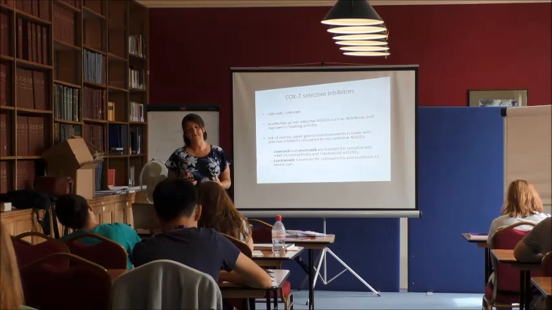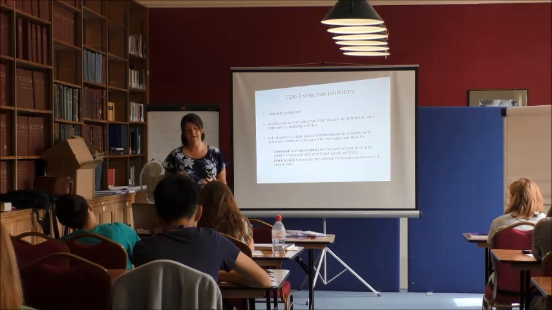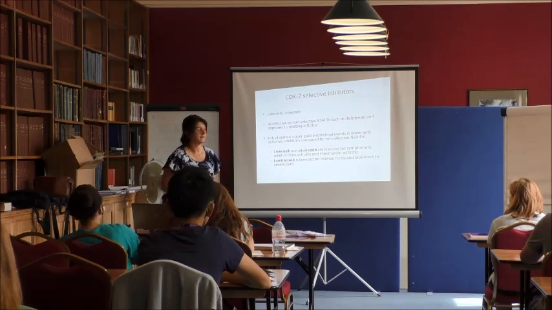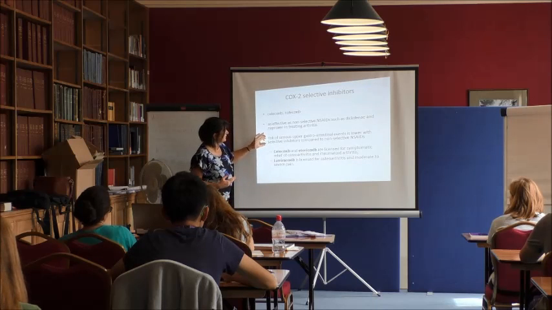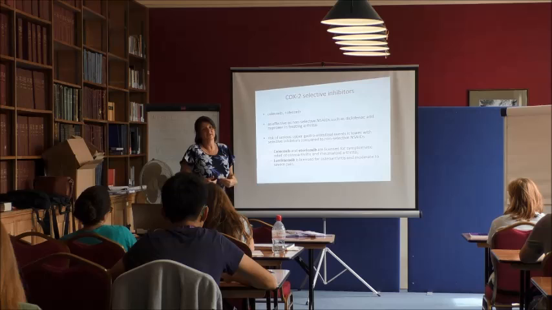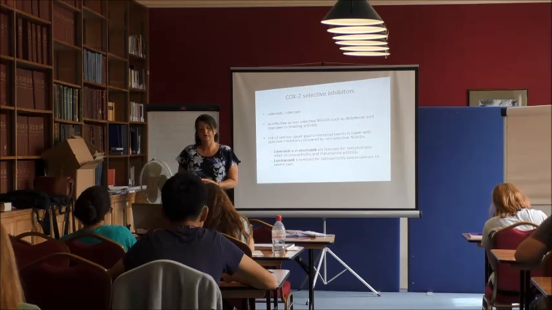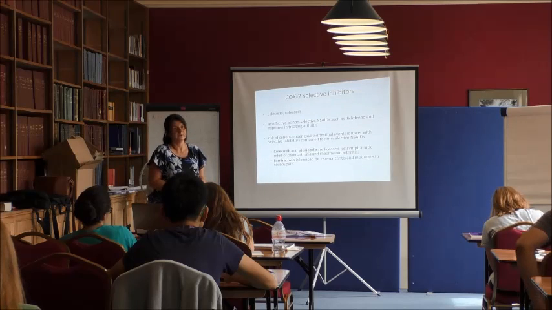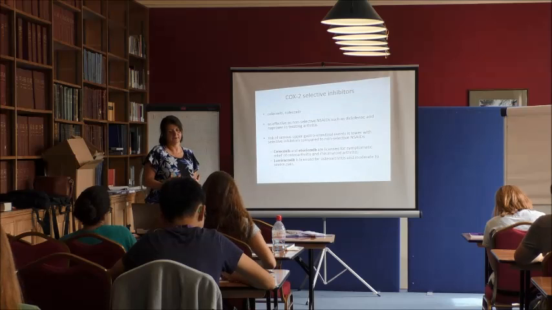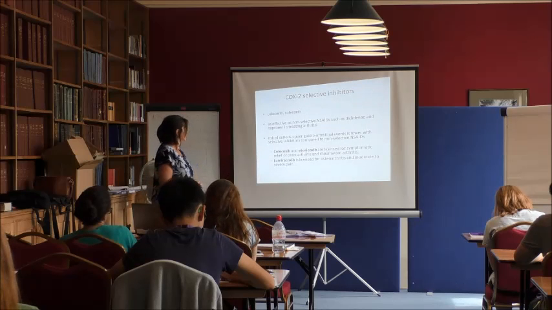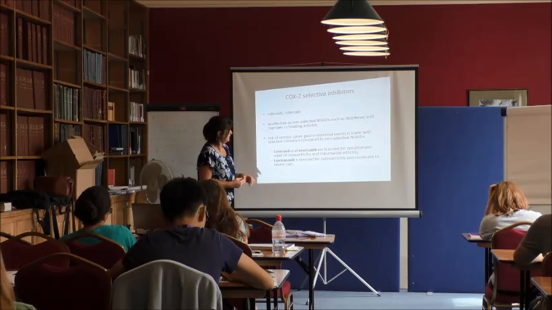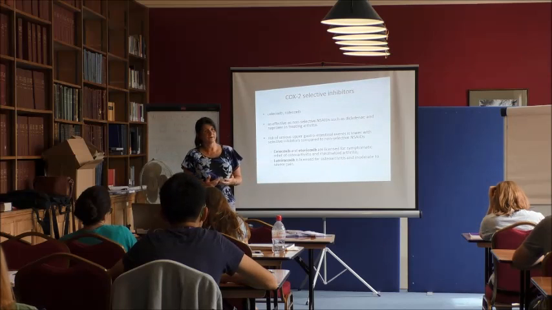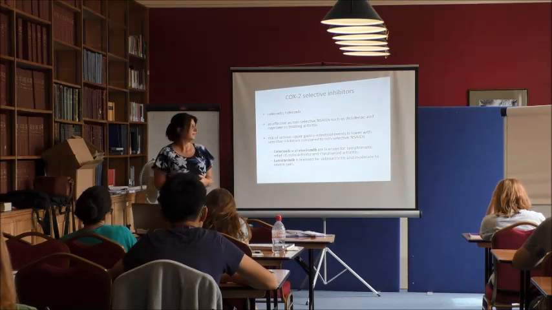And celecoxib and rofecoxib were just as good as diclofenac at treating the inflammation and the pain. And as you would predict, the risk of these serious upper gastrointestinal events, so the risk of stomach bleeding, was very, very much less with celecoxib compared to the ordinary NSAIDs. So celecoxib and another one, etoricoxib, were licensed for relief of osteoarthritis and rheumatoid arthritis.